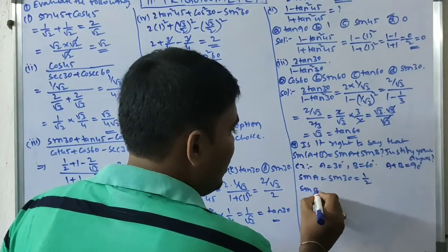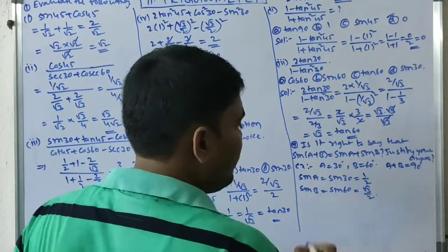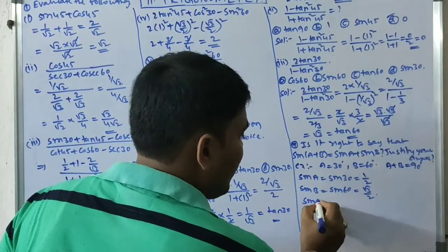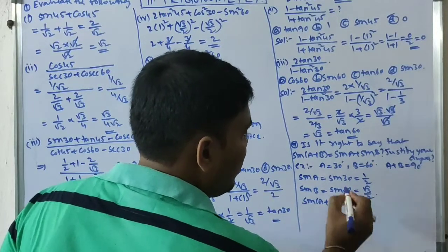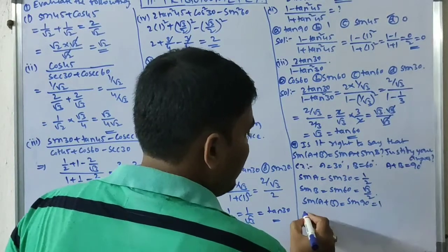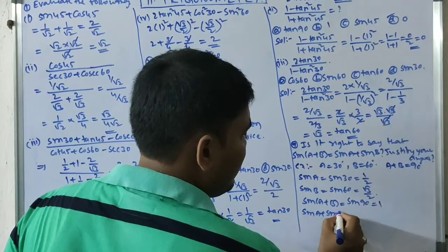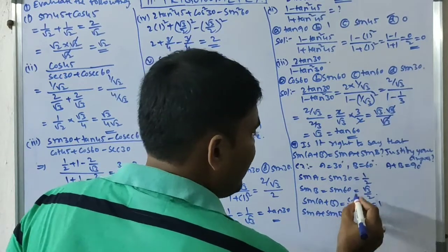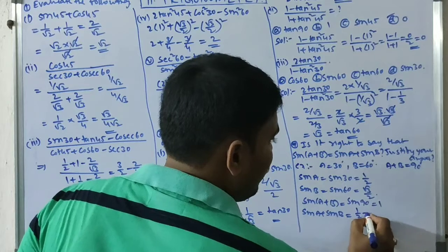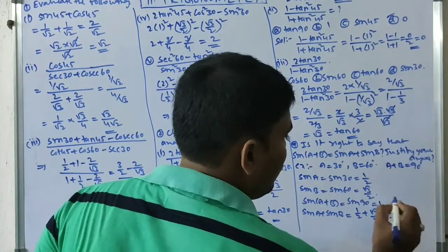Sin b equals sin 60, which is root 3 by 2. Sin of a plus b equals sin 90, value 1. Sin a plus sin b equals 1 by 2 plus root 3 by 2, which is 1 plus root 3 by 2.